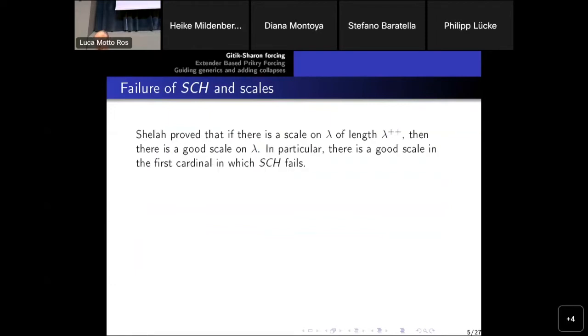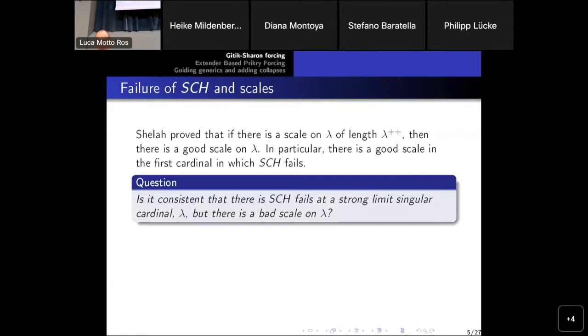In particular, there is always a good scale on the first cardinal at which the singular cardinal hypothesis fails. And it was a question, I think, raised by Woodin: is it consistent to have a failure of SCH while having a bad scale? So we know that there is a good scale. Can we also have a bad scale, obviously on a different product, but of the same cardinal?